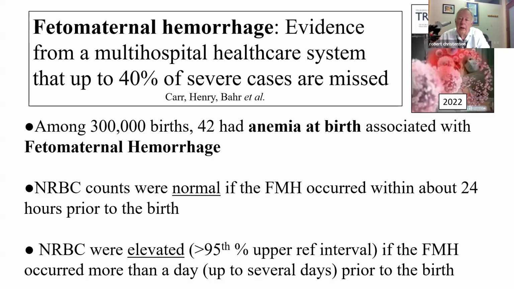We found something here that I thought was worth telling and quite curious. And that's that when we could determine by the maternal history that the fetal maternal hemorrhage occurred recently, like within a day, because the mother was in an auto accident or fell down the stairs or had a blow to the abdomen or something like that, those babies had normal nucleated red blood cell counts at birth, even though all of these babies had evidence of fetal maternal hemorrhage, sometimes really severe.